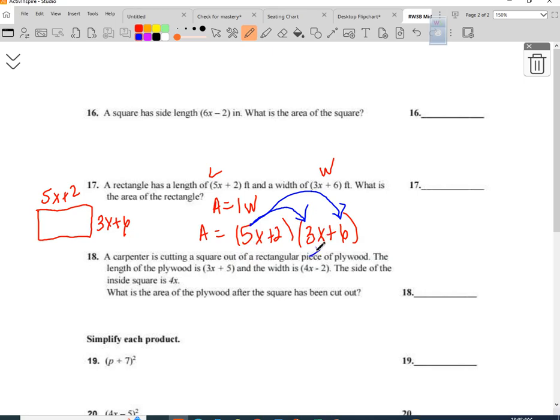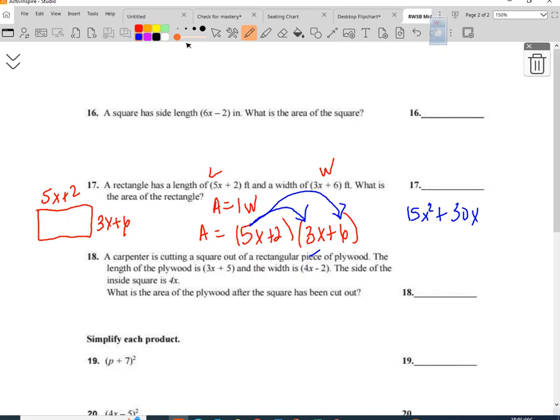What is 5x times 3x? 15, right, the x has to be what? Squared, right? X times x is x squared. 5x times 6, that's 30x.